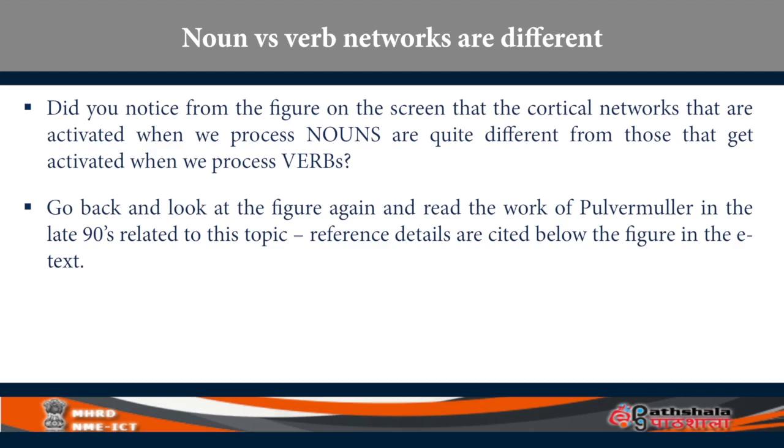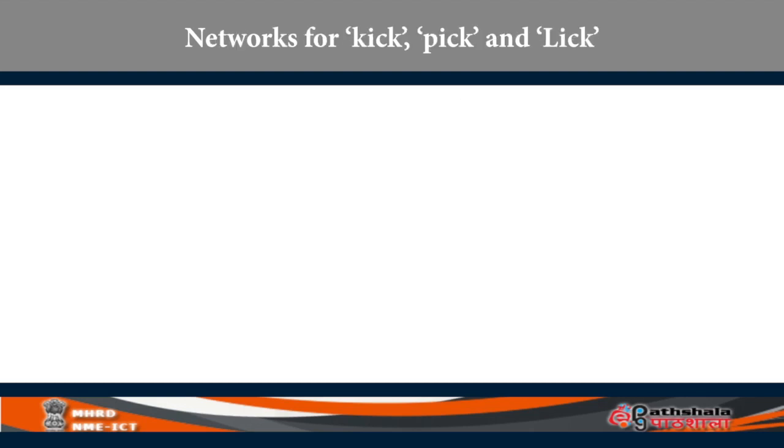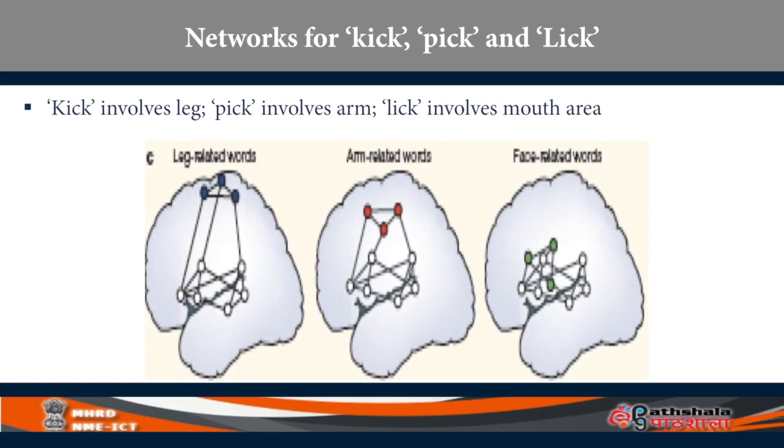Not only do nouns and verbs have different cortical networks in the brain, but if you take action verbs like say kick, pick, lick, now stop and think about it. What is involved in kick? Leg is involved. What is involved in pick? Arm is involved. What is involved in lick? Tongue in the mouth area is involved.